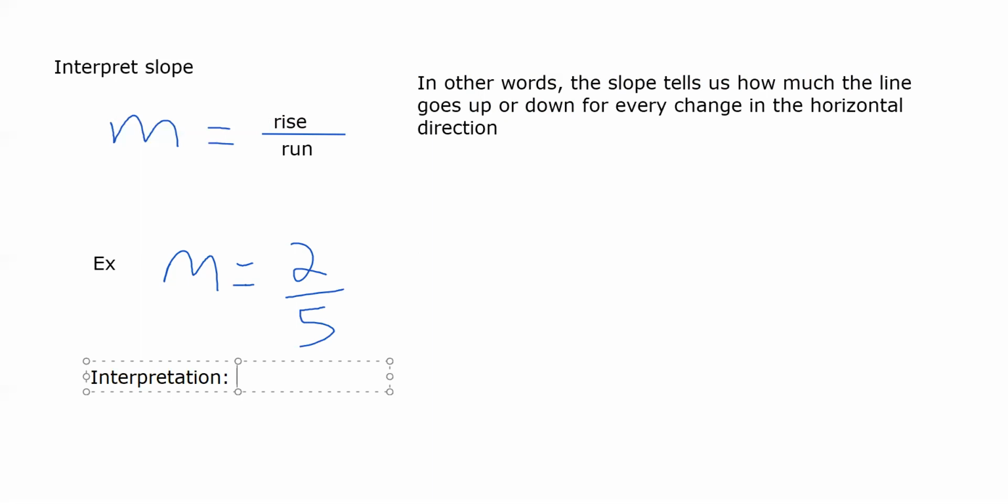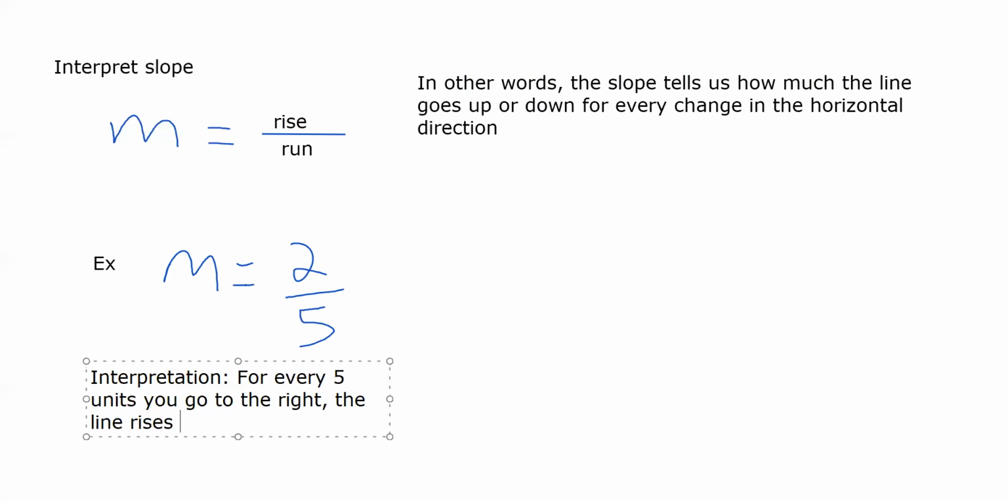Keep that in mind. Overall, 2/5 is just a positive number. So that means for every 5 units you go to the right, the line rises 2 units. It goes up, which means as I go from left to right, it looks like it's on an uphill trajectory.